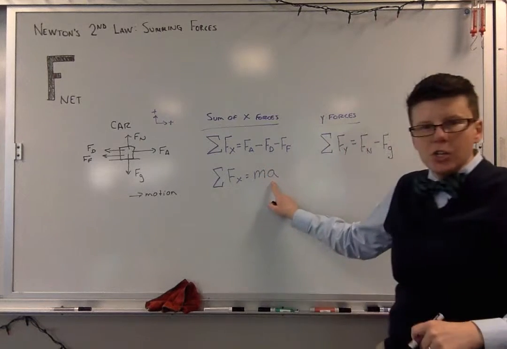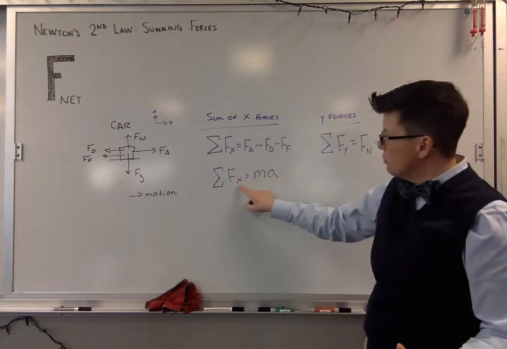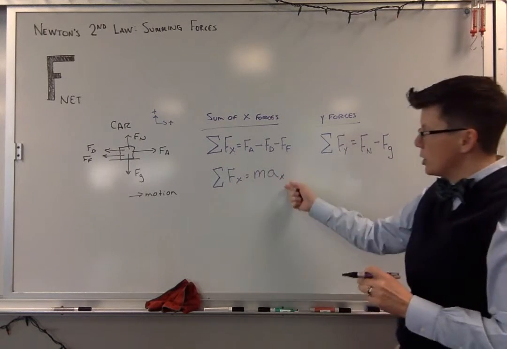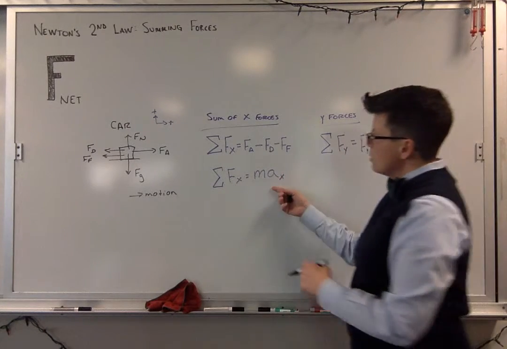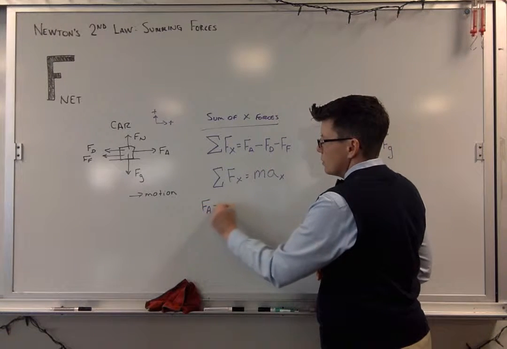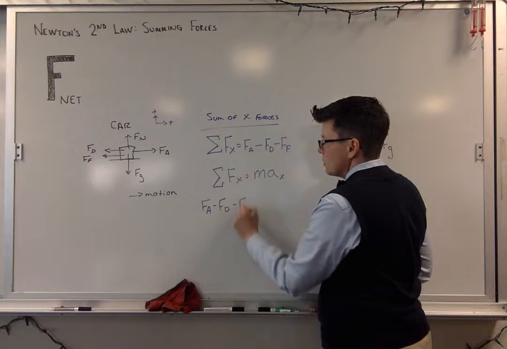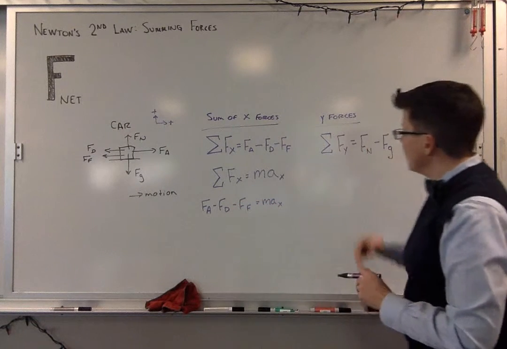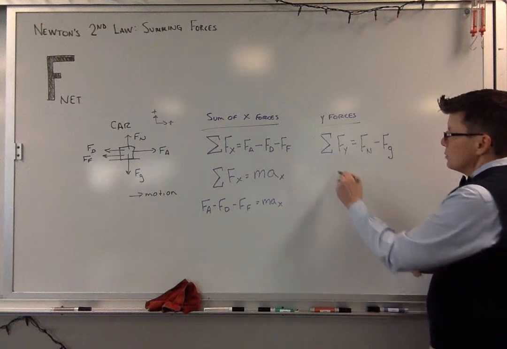And because acceleration is a vector, it has direction. Previously I said I'm talking about the x, so I'll also say x here, this being a subscript. So here I could make this substitution. And here I can do a similar move.